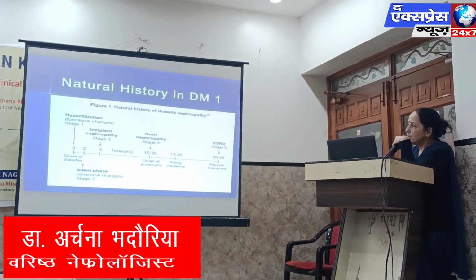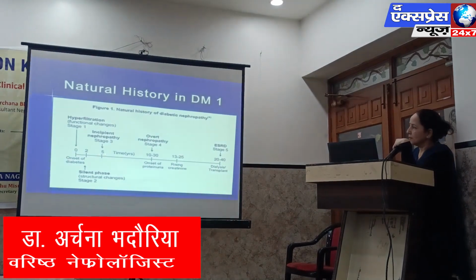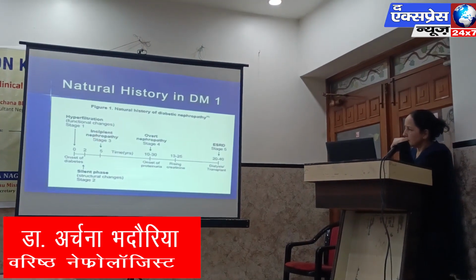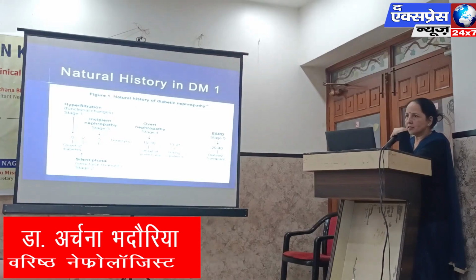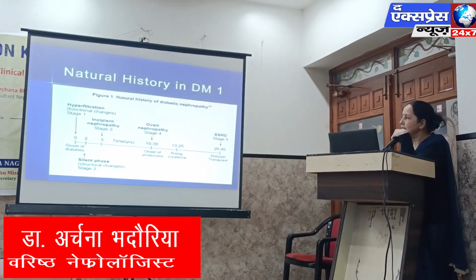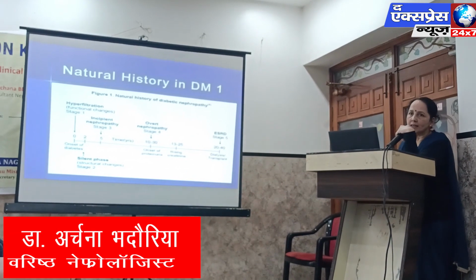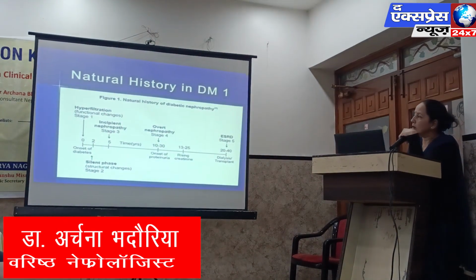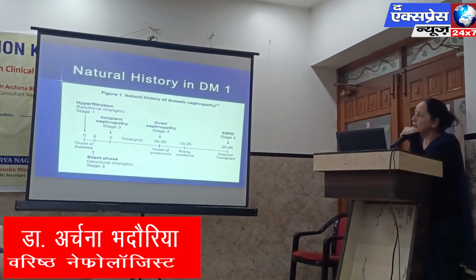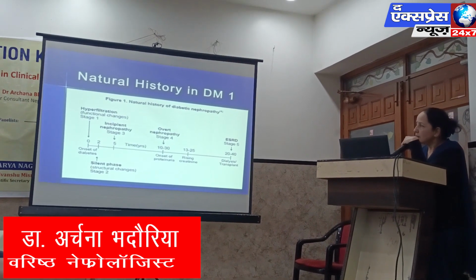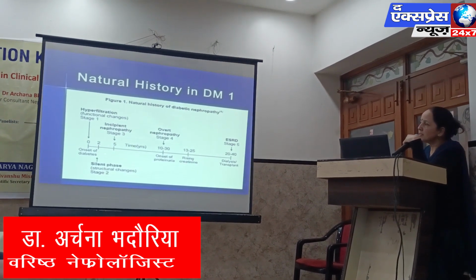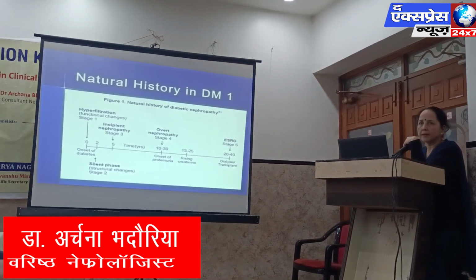Then it is incipient nephropathy after 5 years. At this time, incipient nephropathy or stage 3, microalbuminuria starts appearing. At this stage, if the patient gets alert and the physician is able to counsel the patient to take care of his blood sugar, from stage 3 we can always step down and revert back.